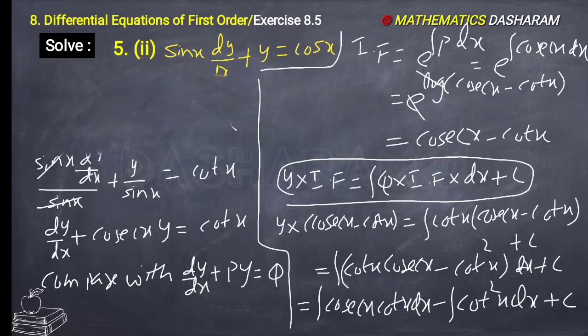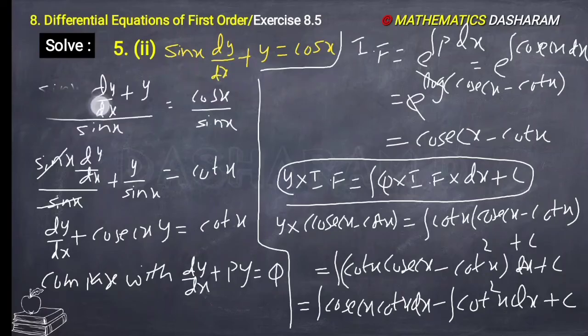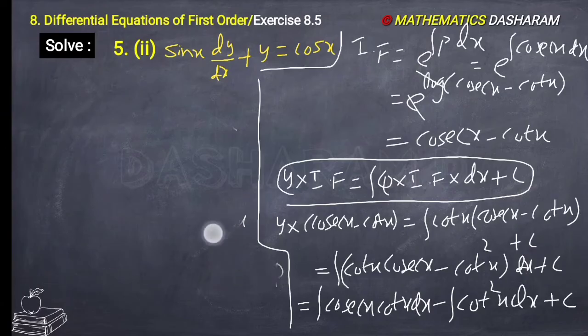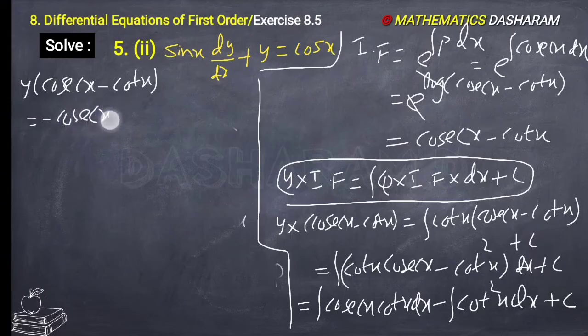So next, y into cosec x minus cot x equals to integration of cosec x into cot x, which is minus cosec x, minus integration of cot square x.